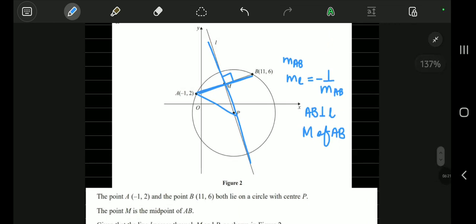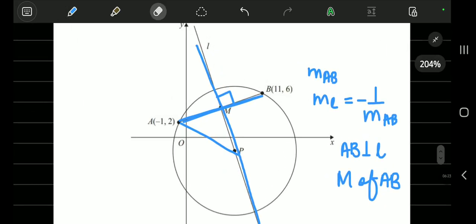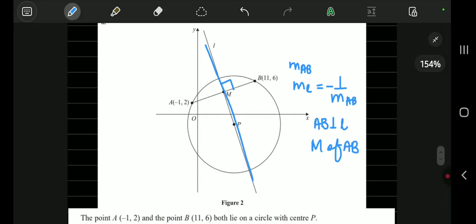What else can we do? No, we don't have the equation of the circle, otherwise we could have substituted and known the center. What else can we do? We know the equation of this line, y = mx + c, and that is actually y = -3x + 19.